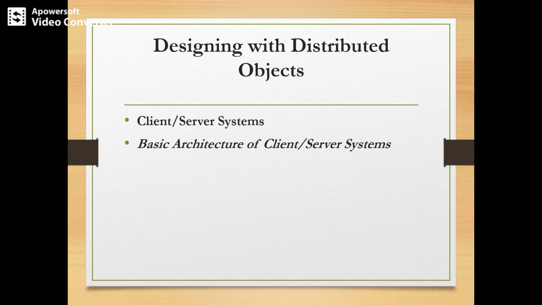So that's why we are going to discuss designing with distributed objects and systems. Distributed processing offers a number of advantages. It's more economical and efficient to process data at the point of origin.